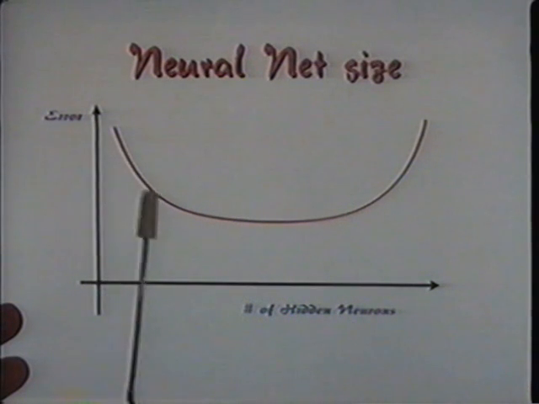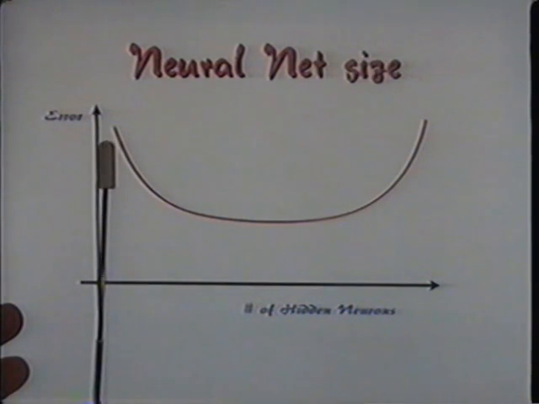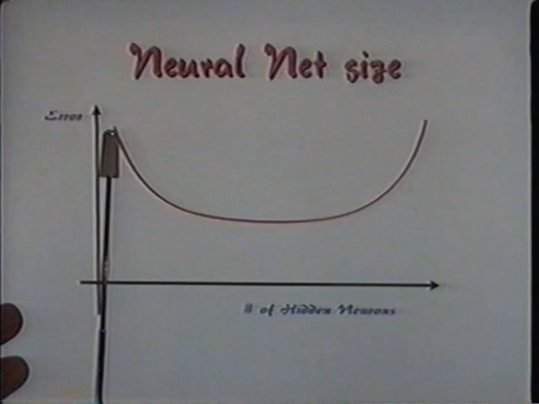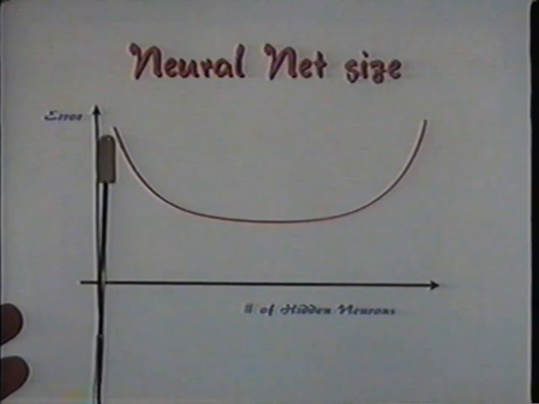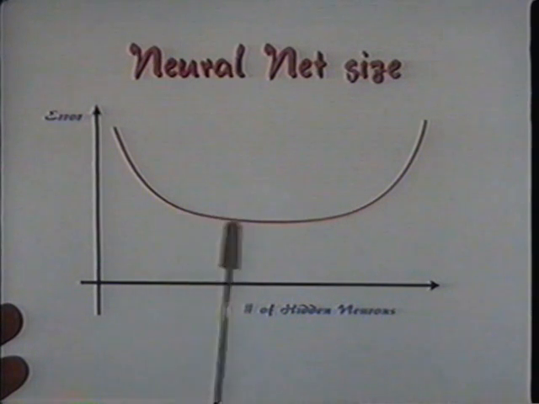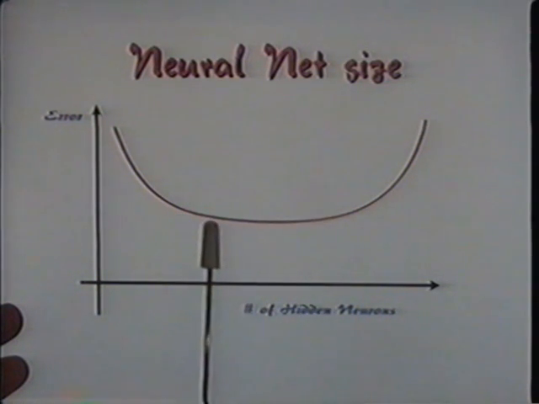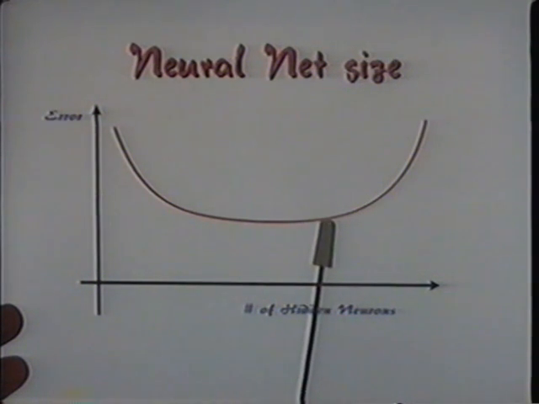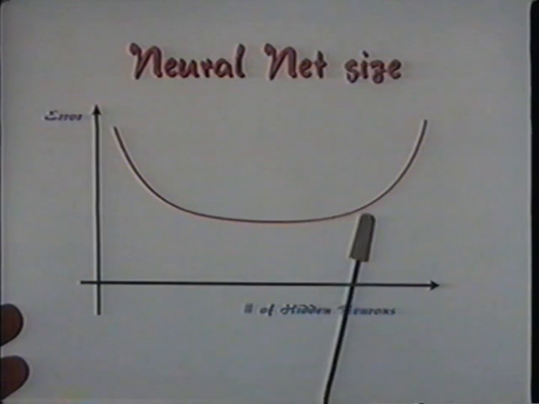So here, what this curve is telling us is that the neural network structure we are using is probably not adequate, and we need to increase the number of hidden neurons. Here it tells us that basically any number of hidden neurons in this range will be adequate. Now here, look at here.